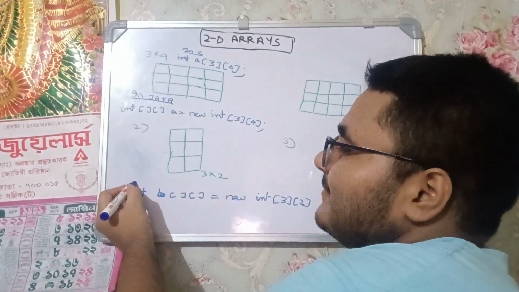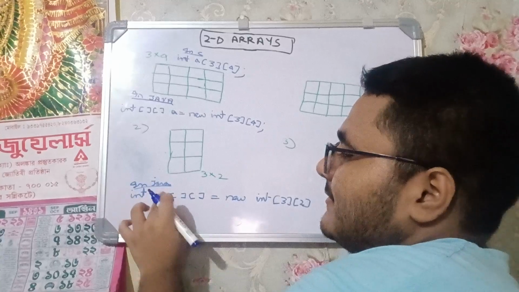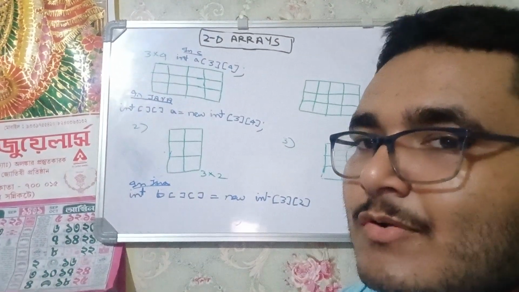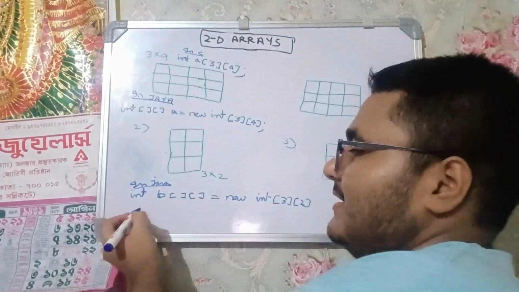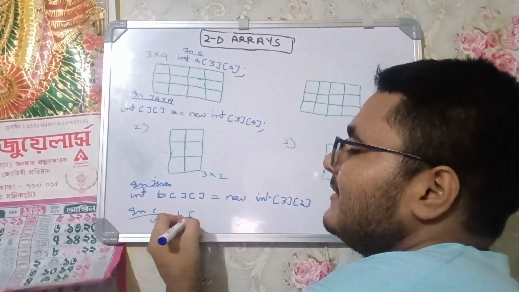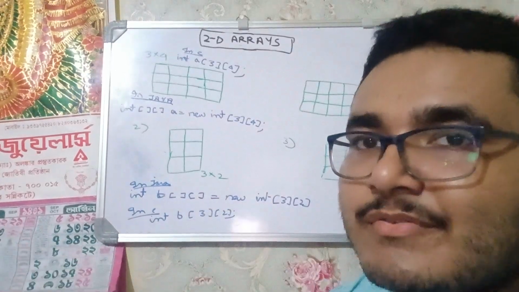This is in Java. In Java, this is the way. And in case of C, what can be the syntax? In C, int b[3][2]. Fine.